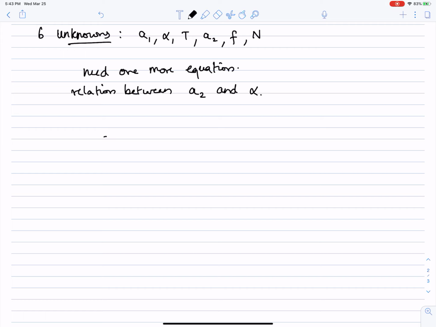The way that works is, if this point is Q, and we have this thing connected to M2, which is going up with A2, the tangential component of this point's acceleration, let's say, is AQ.